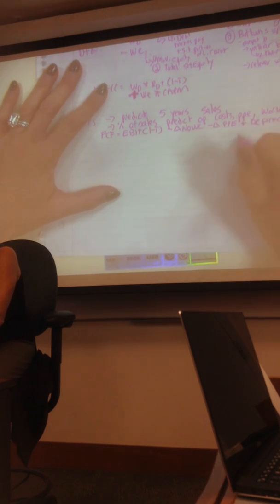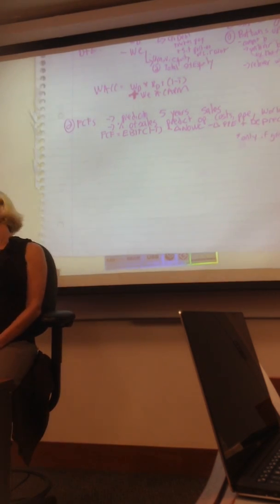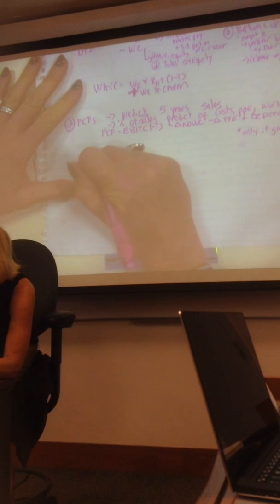So I'm putting a little star there. So only if it's gross PPE. Okay. That gives you your free cash flows for 5 years. You predict it out.